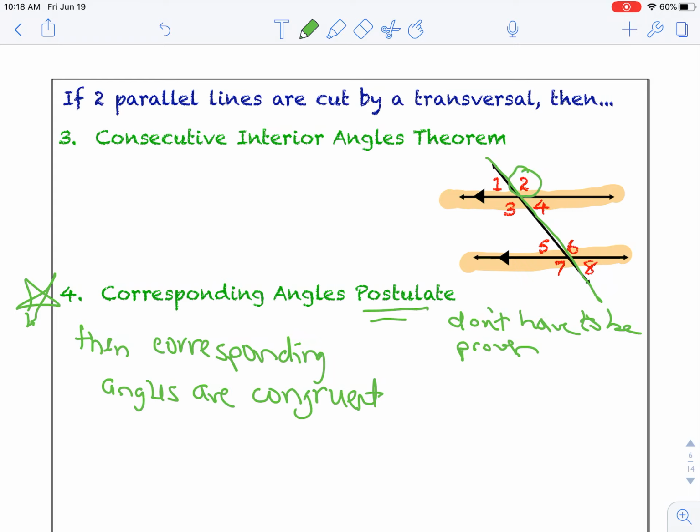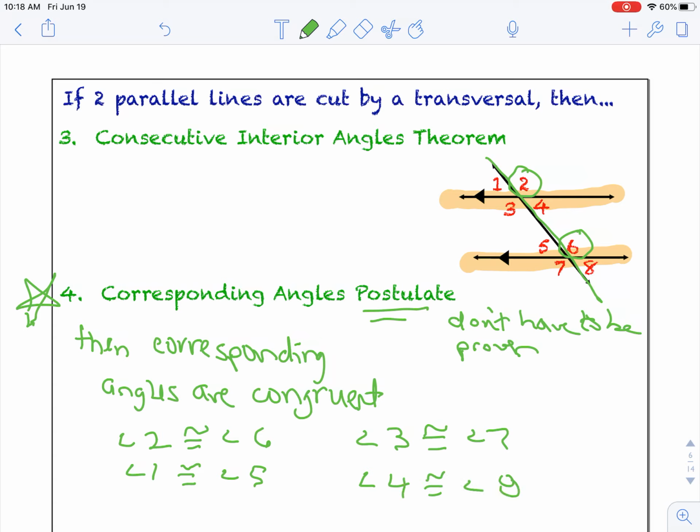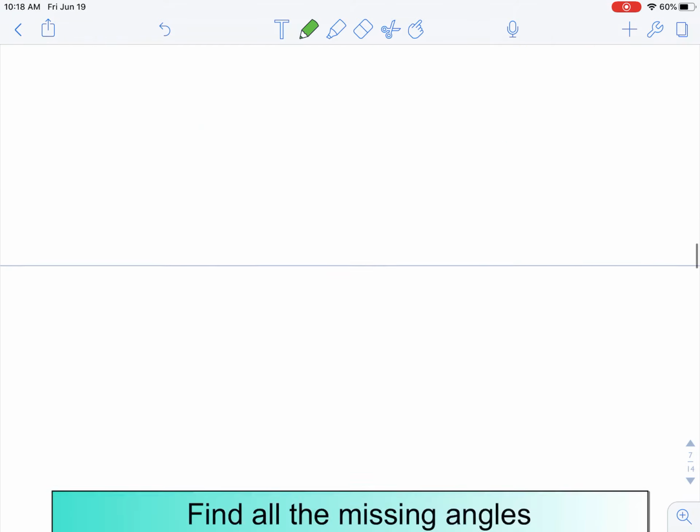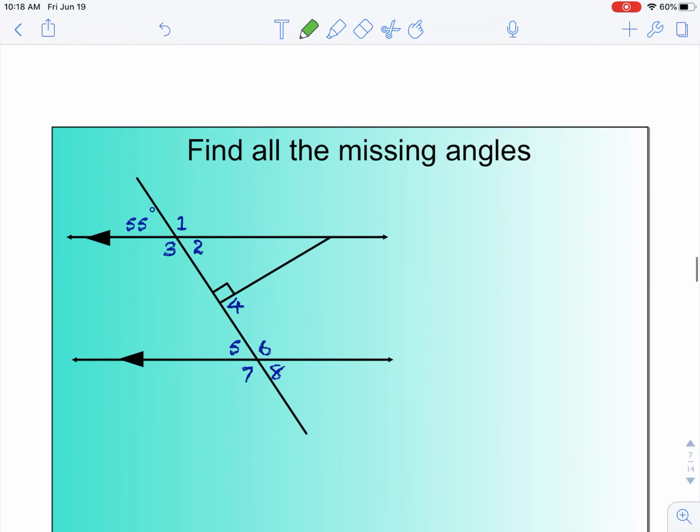So that means, again, your corresponding is same position. That means that angle 2 and angle 6, so angle 2 will be congruent to angle 6. Angle 1 will be congruent to angle 5. Angle 3 will be congruent to angle 7. And angle 4 will be congruent to angle 8.